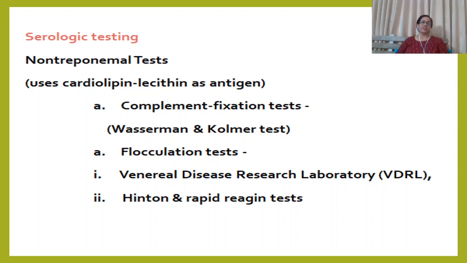Complement fixation tests like Wassermann and Kolmer use this cardiolipin lecithin as antigen. The second important test, which may give a false positive result, is the flocculation test. So VDRL, the Venereal Disease Research Laboratory test, and the Hinton Rapid Reagin test are included in this non-treponemal group.